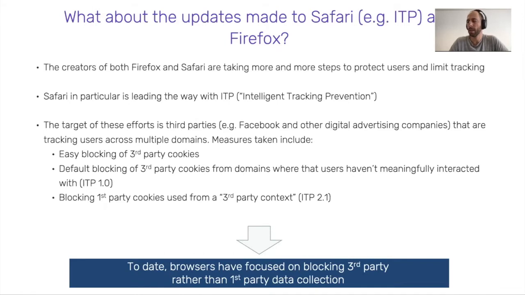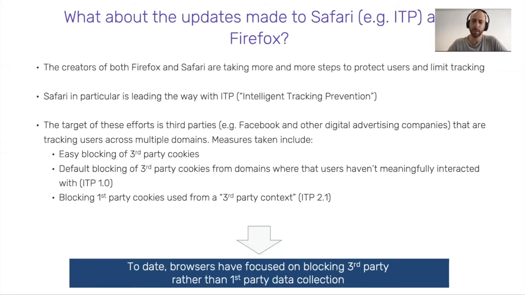So if you were an ad network, for example, tracking users across multiple domains, and the guys at Safari spotted that you were setting cookies on a user's browser, but the user hadn't actually visited the domain from which you were setting those cookies, they would deem that you didn't have a meaningful relationship with those users, and therefore those cookies would get blocked. So that was rolled out quite a while ago.